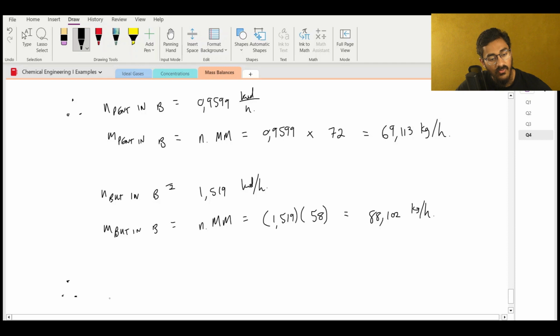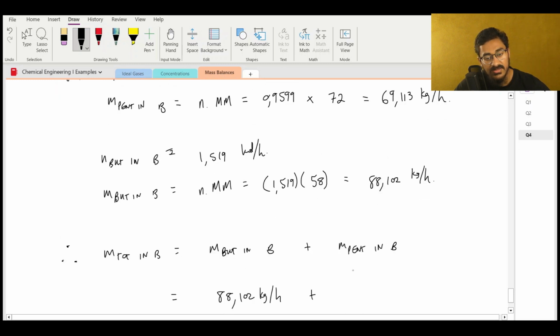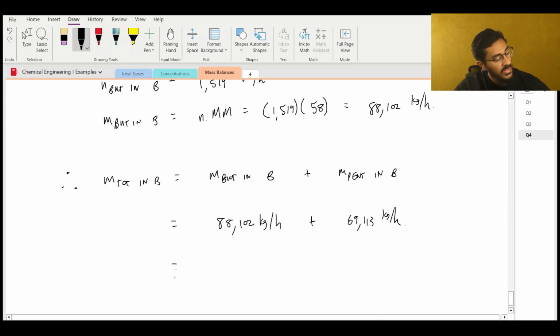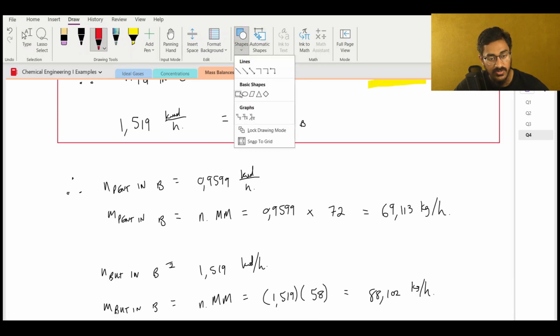And so, therefore, the total mass in B is equal to the mass of butane in B plus the mass of pentane in B. And that's going to equal 88,102 kilograms per hour plus 69.113 kilograms per hour. And this comes out to be 157.21 kilograms per hour. And that is the total mass flow rate of the bottom stream.